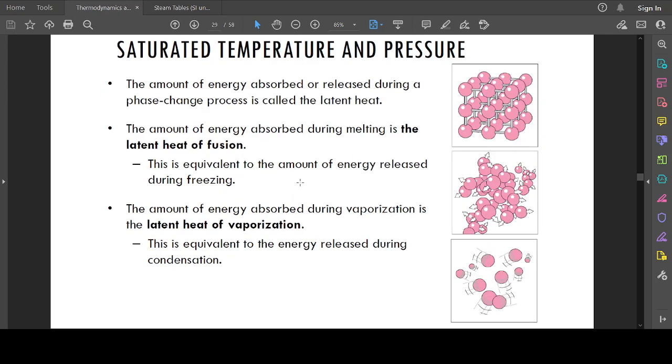The amount of energy absorbed or released during a phase change process is called latent heat.